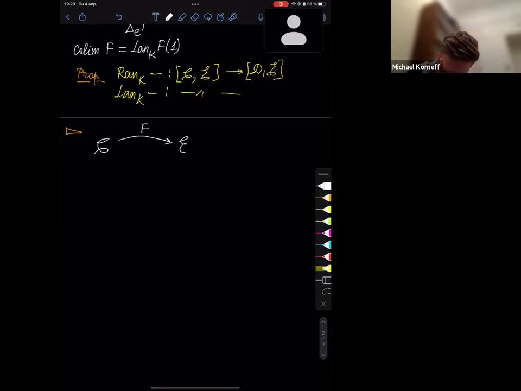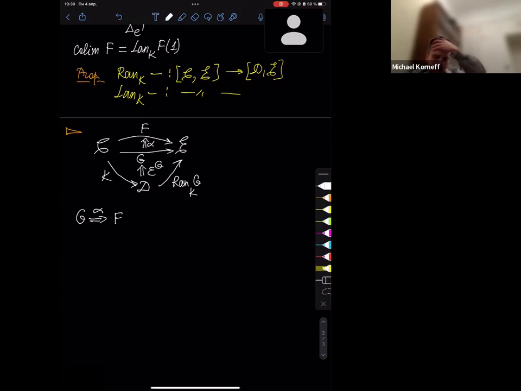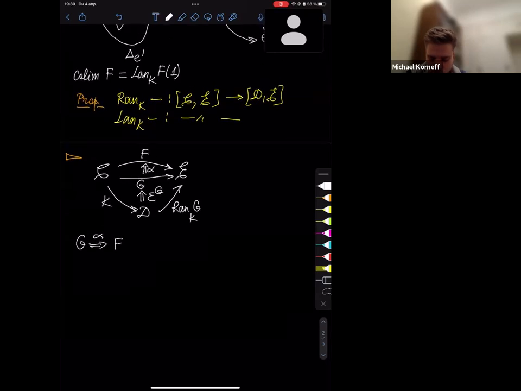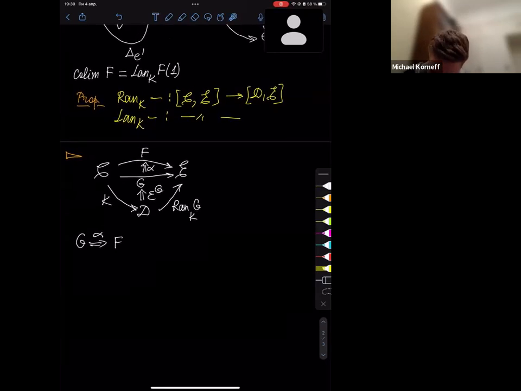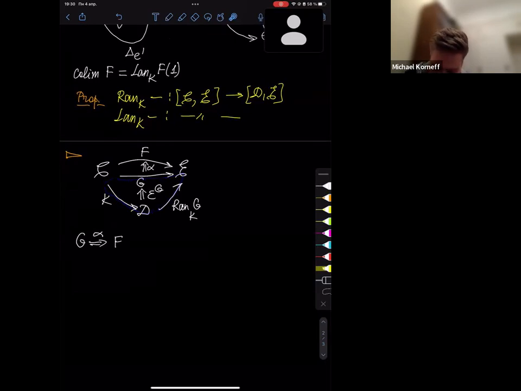If we have this one, consider natural transformation alpha between functor G and functor F. Okay, and we have here natural transformation for functor G, and also we have natural transformation epsilon G, which is a unit of this right Kan extension.